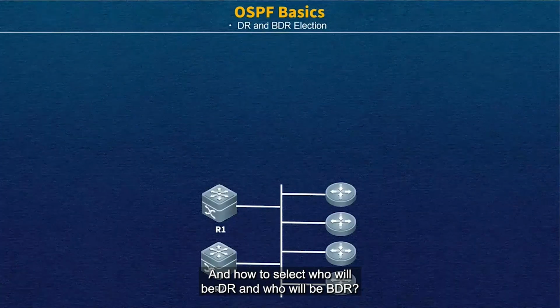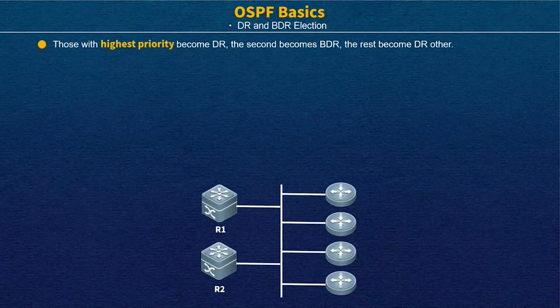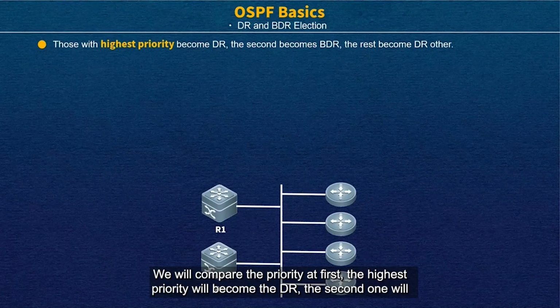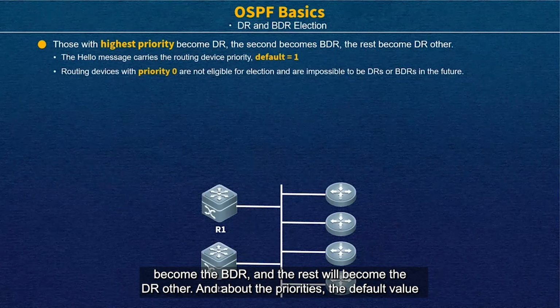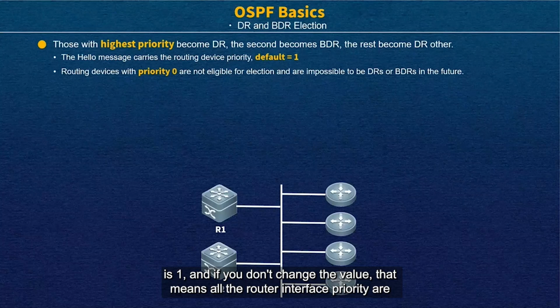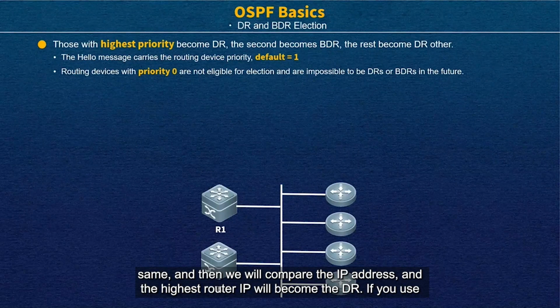And how do we select who will be DR and who will be BDR? We will compare the priority first. The highest priority will become the DR, the second will become the BDR, and the rest will become DR other. About the priority, the default value is 1. If you don't change the value, all the router interface priorities are the same.